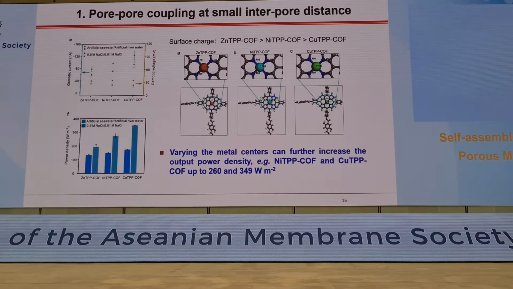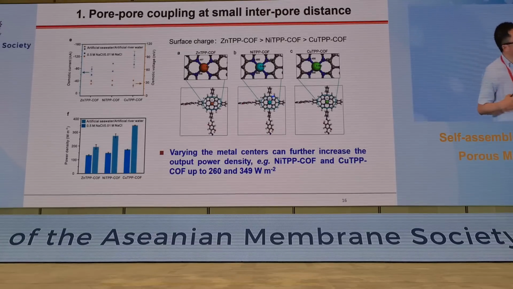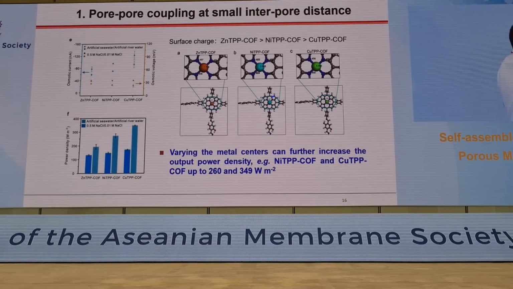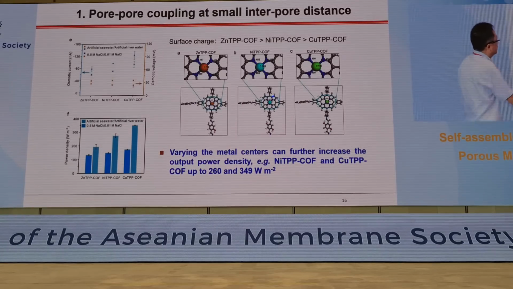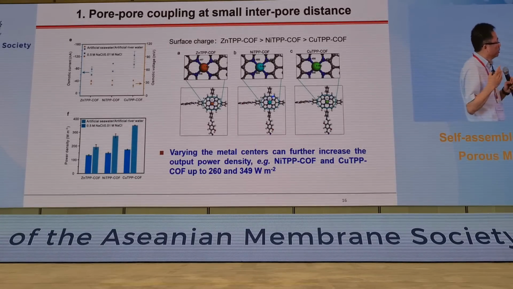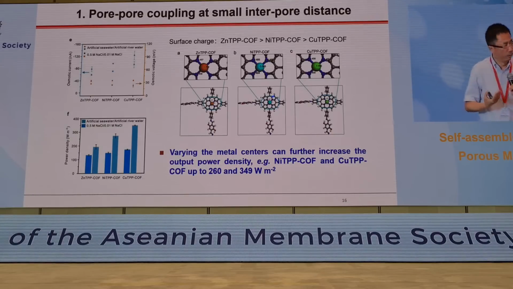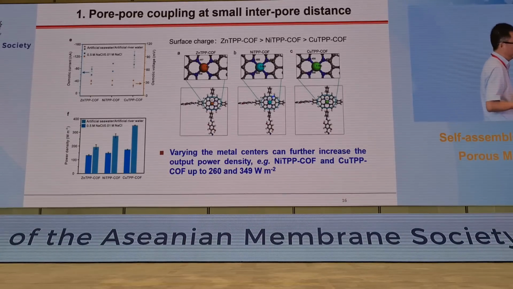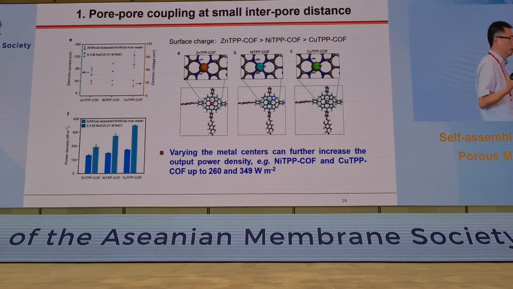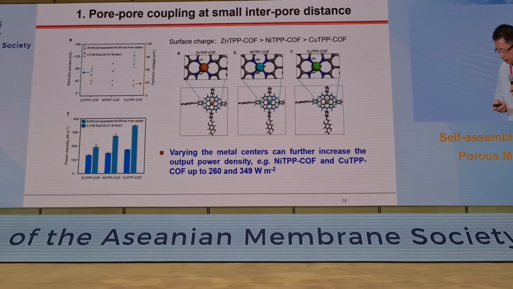We can further increase the output power density by tuning the surface charge through changing the middle metal site. Finally, with the proper TBP Prof monolayer membrane, we obtained an output power density of nearly 350 watts per square meter.